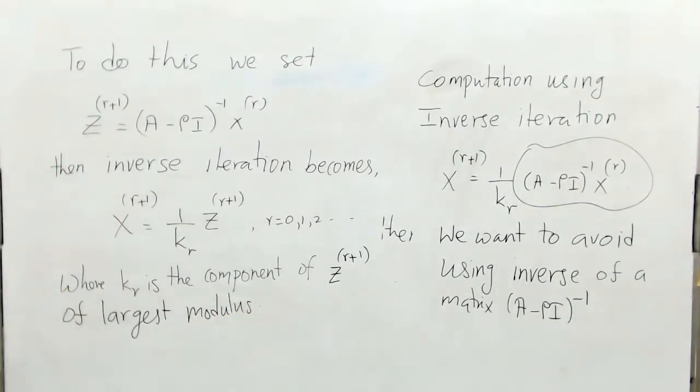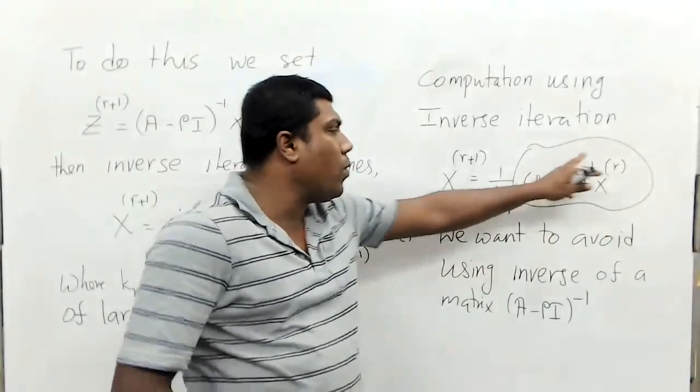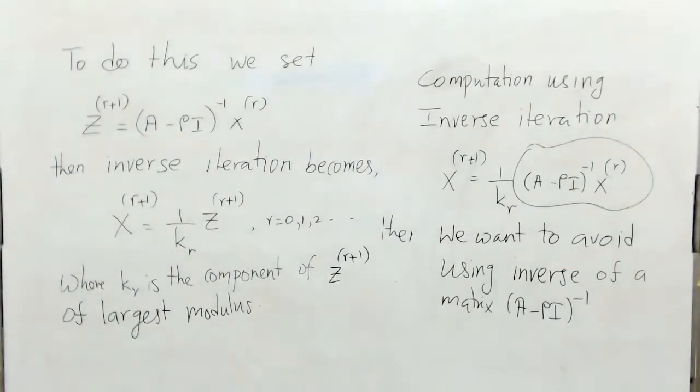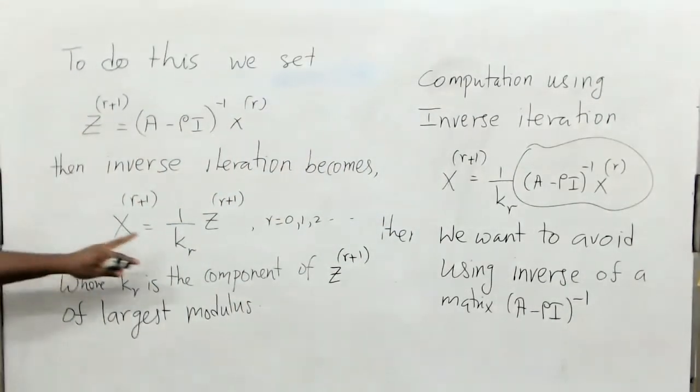Obviously Z_{r+1} is the term (A minus rho I) inverse times K_r. So in the equation, you know K_r is the largest size component in this vector, so it should be the largest size component in Z_{r+1}. So you rewrite this inverse equation in this form, right?